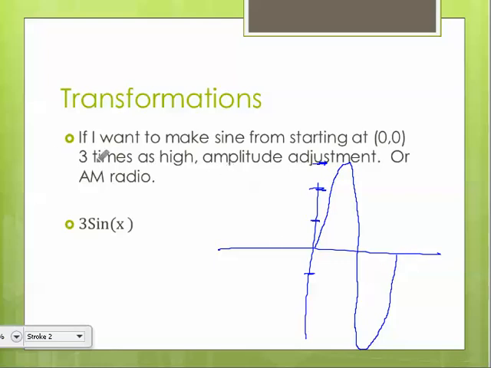All I've got to do is put this 3 in front of the sine wave here. What are we doing? We're just adjusting how tall the wave is. This is called amplitude. This is exactly the way AM radio works. They adjust the amplitude of the wave, and you get different amplitudes, give you different stations that you're listening to.